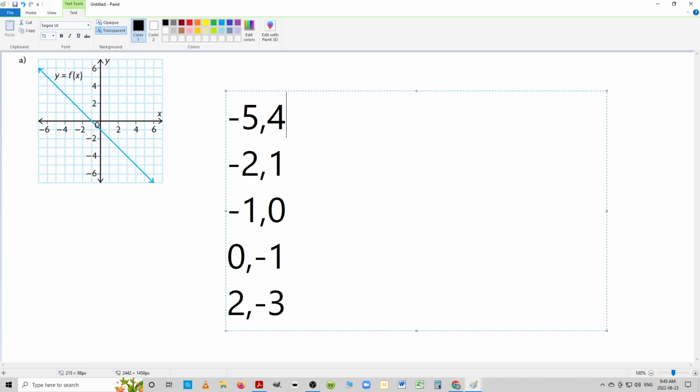So if I take my y value and I take my x value and put it over 1, that's what I'm going to get. So that means my y, negative 1 over 2. Essentially just taking my x value and I'm changing all my y values.